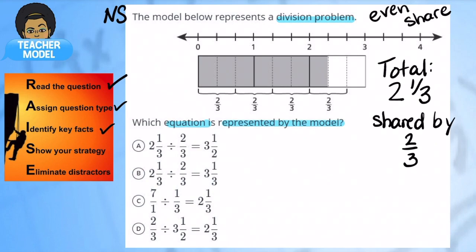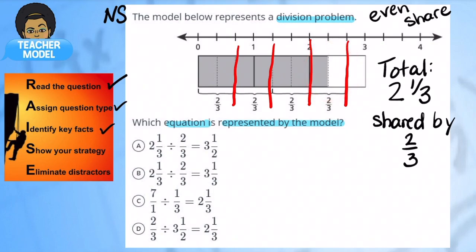Is there anything else we can see in the picture as we think about it? Can I see how much is in there? How many 2/3 do I have? Okay, well, I noticed, and this is where I'm going to use the red to help me out. So this is one group of 2/3, 2 groups of 2/3, 3 groups of 2/3, and it would have been 4, but I noticed that this isn't completely filled here.